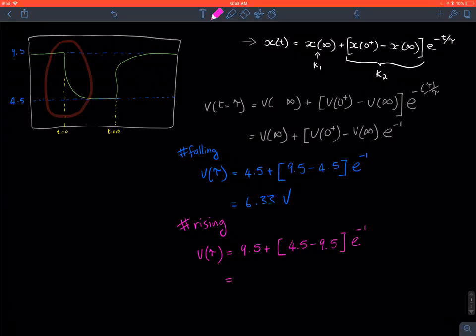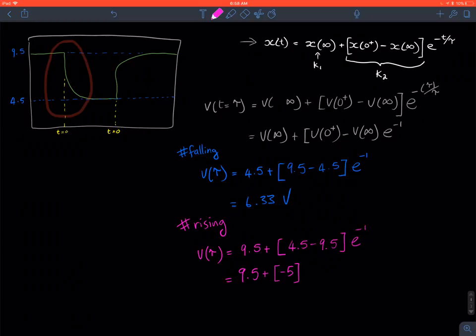And if you do the math on that, which I'm about to do, we'll say 9.5 plus, actually let me go a little further with this. So you'll see 9.5 here, and then you'll see a plus here, and this turns into minus 5.